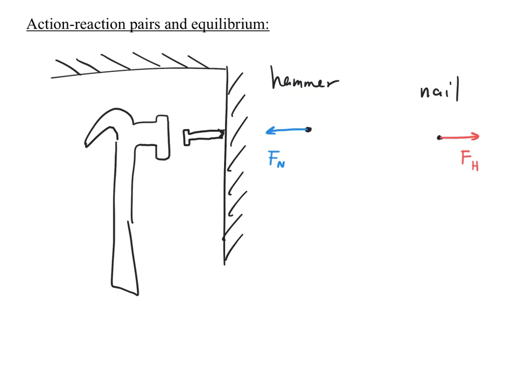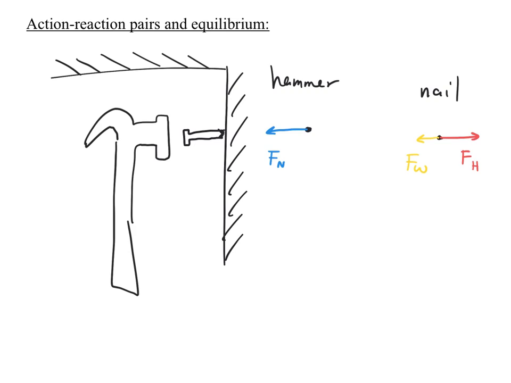But here's the thing. If I were to then draw the rest of the forces acting, I could see why this nail accelerates. Because the wall pushes back against the nail, but with very little force. The wall can't withstand the force of the hammer acting on the nail. Therefore, the nail penetrates the surface of the wall and embeds itself.